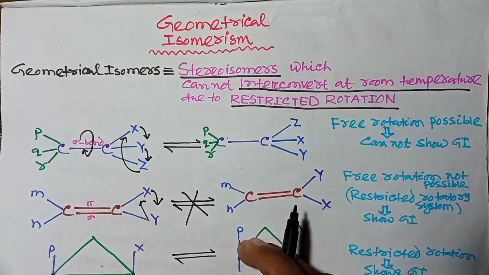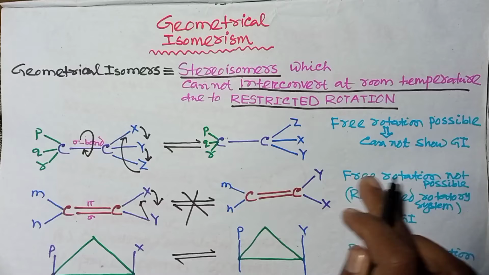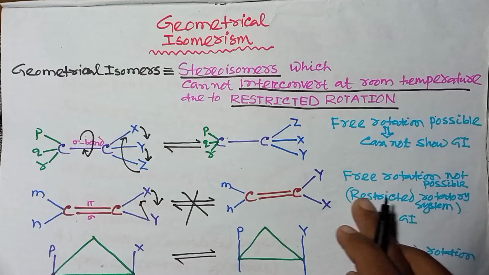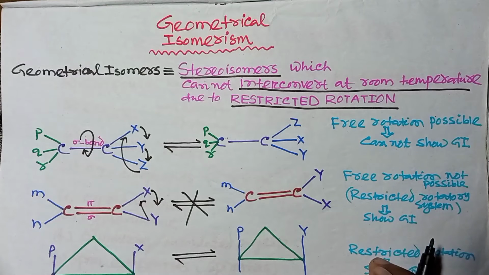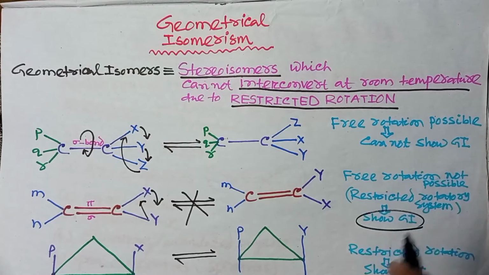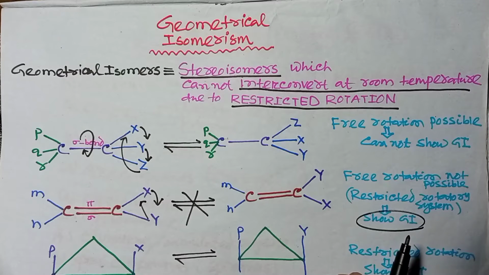This system is known as a restricted rotatory system, and wherever there is a restricted rotatory system, that system shows geometrical isomerism.